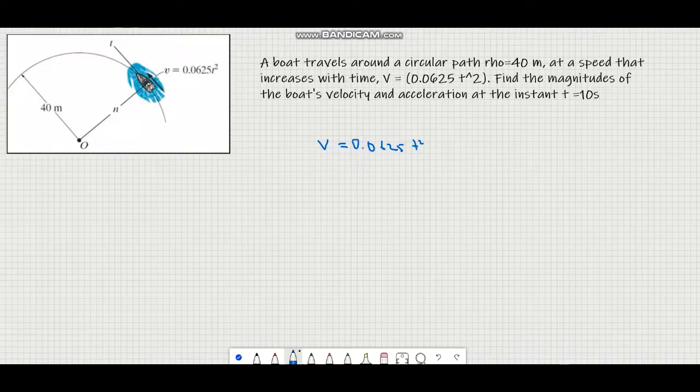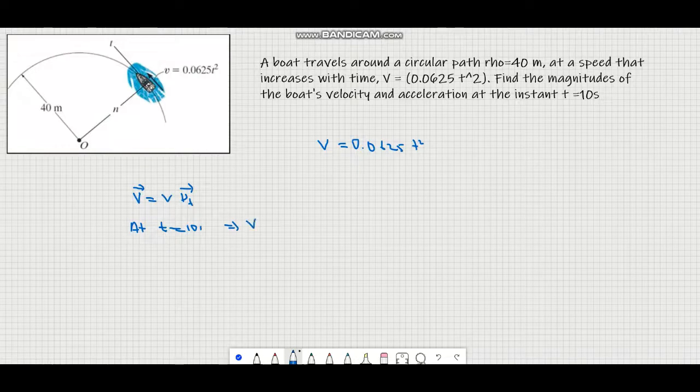So the velocity is the magnitude of velocity multiplied by the tangential unit vector, u_t. At time t equal to 10 seconds, we just plug it in.